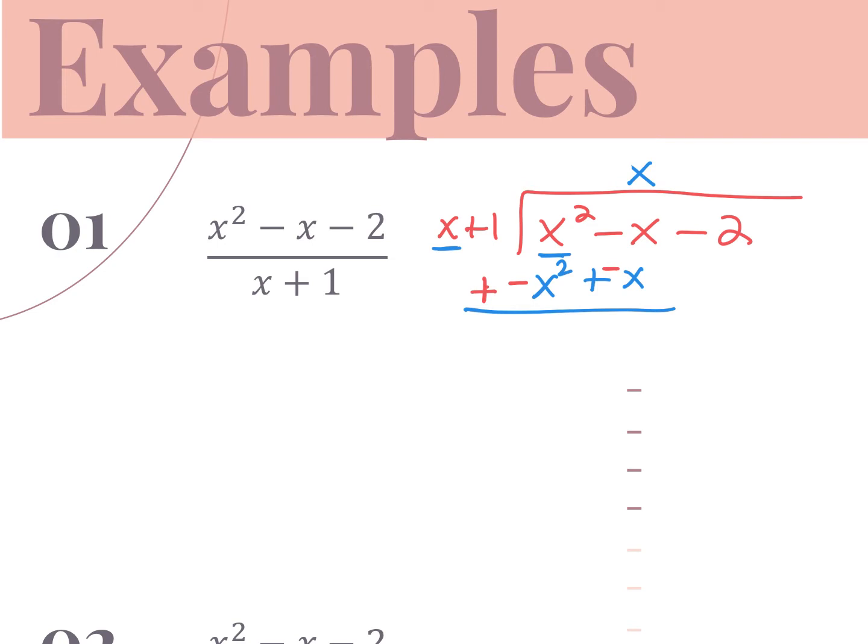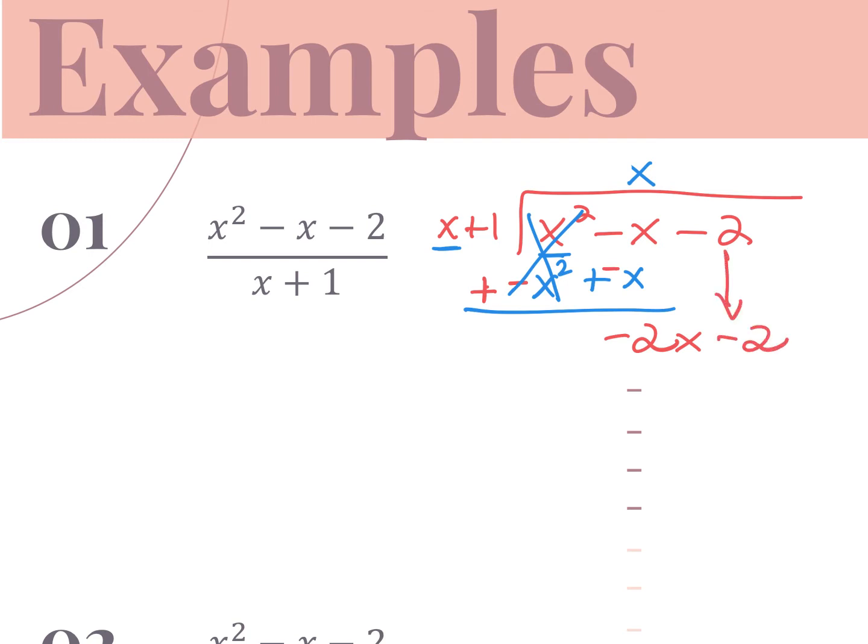And now I just add up and down. So negative x plus negative x gives me negative x. This one is gone because x squared plus negative x squared is 0. Now I bring down my next number, which is the negative 2.